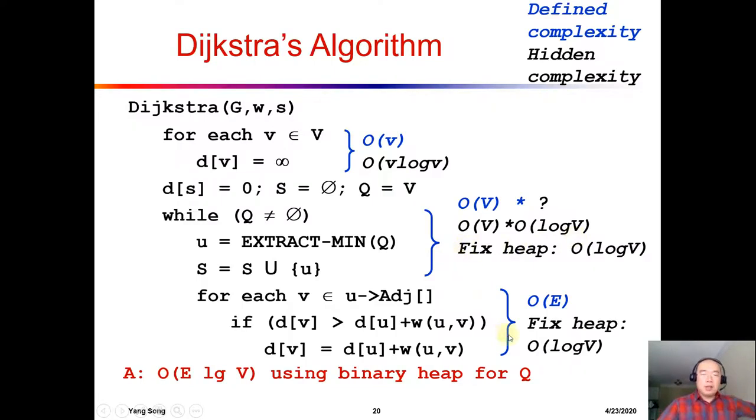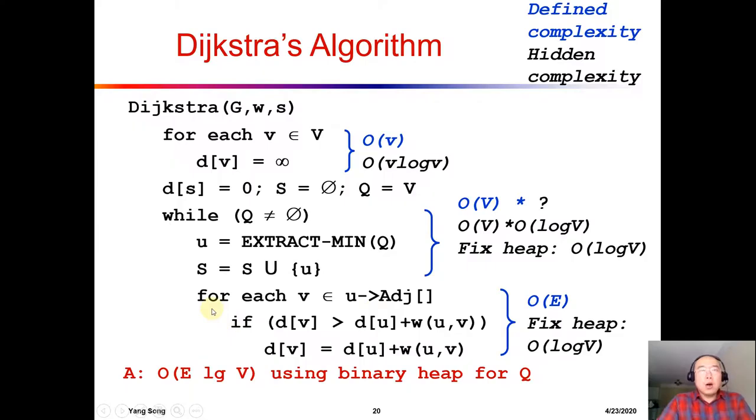For the rest, for each edge, we only visit it once because that is a directed graph. When we are doing this part for each V, we try to find the adjacent nodes by using the edges. So we are going to visit all the edges, guaranteed, in this for loop.